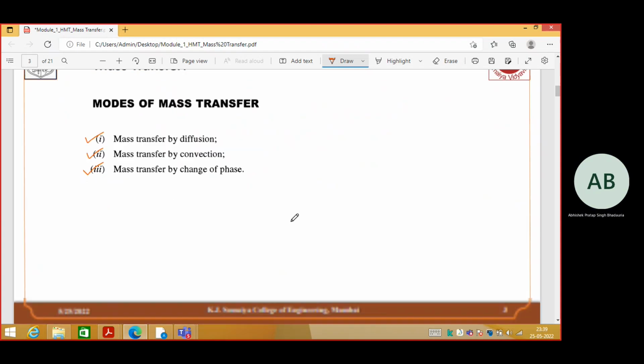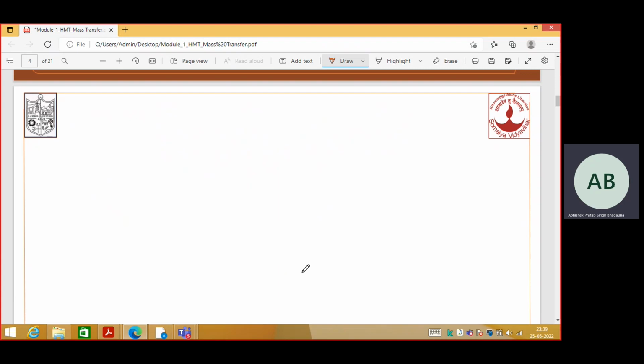Now another term which is required is the concentration. If we talk about concentration, there is the molar concentration, the mass concentration, mass fraction, and mole fraction.